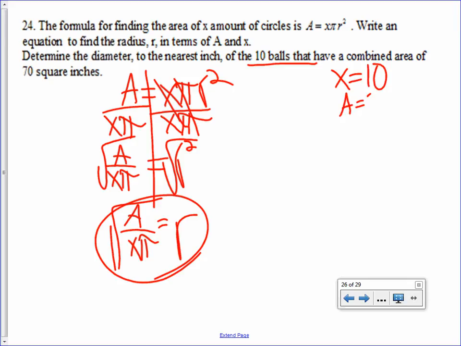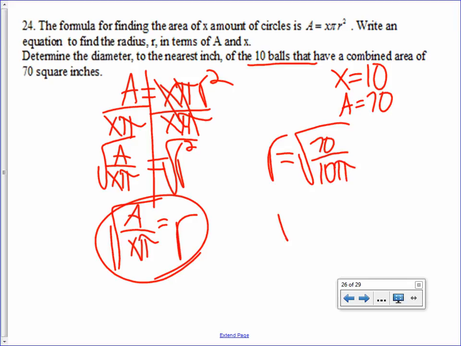Area is 70. So I'm going to substitute those values in. X is 10, A is 70. Remember, I have to double it at the end as well. So I'm just going to skip right ahead and write d equals, because I will multiply my answer by 2. You'll see me do it. Don't worry.